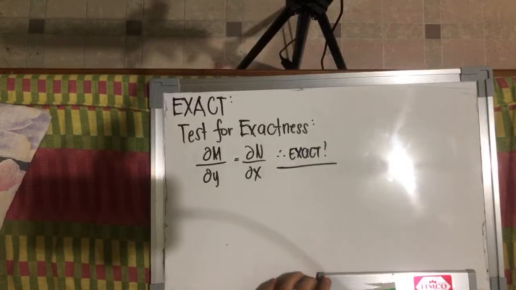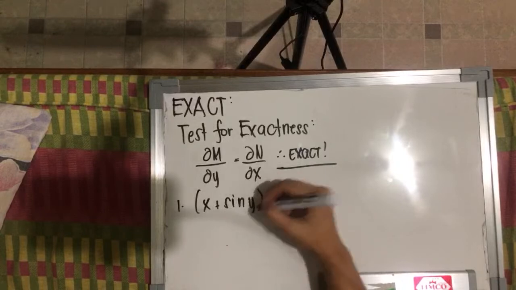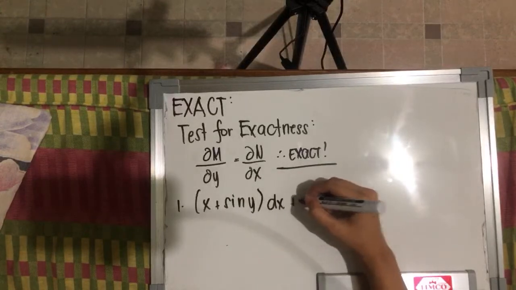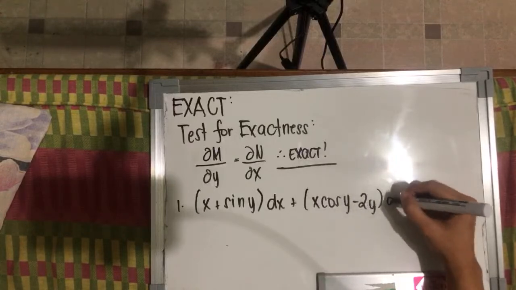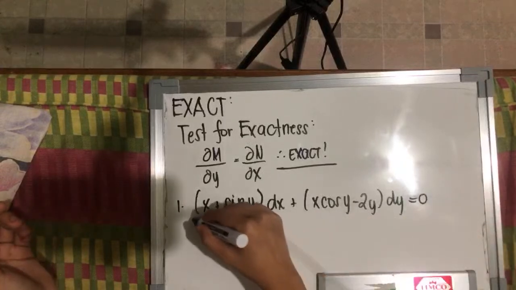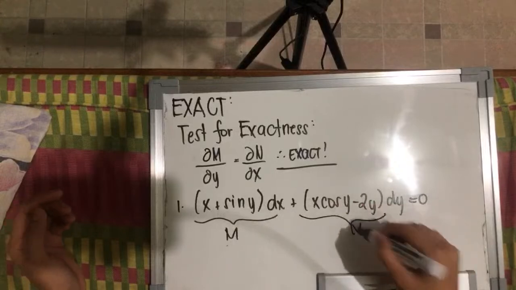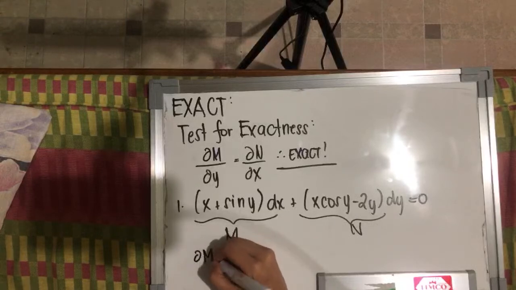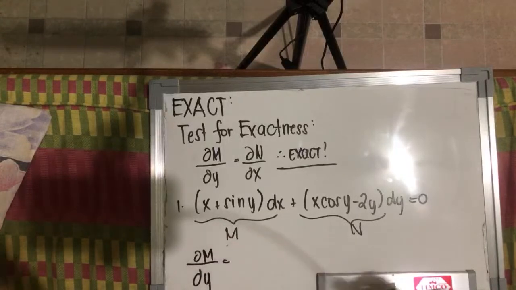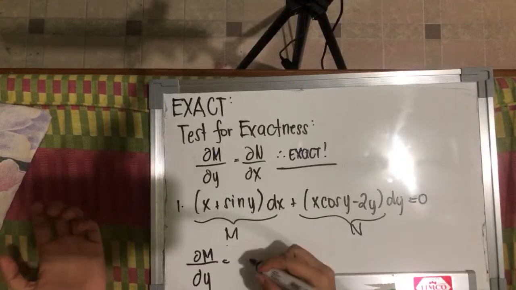So, for example, x plus sine y dx plus x cosine y minus 2y dy is equal to 0. So, ito si m, ito si n. So, kunin ko yung partial derivative ni m with respect to y. So, yung mga variables lang na may y, i-derive mo or yung derivative niya.